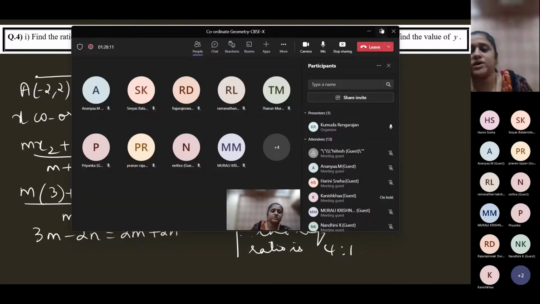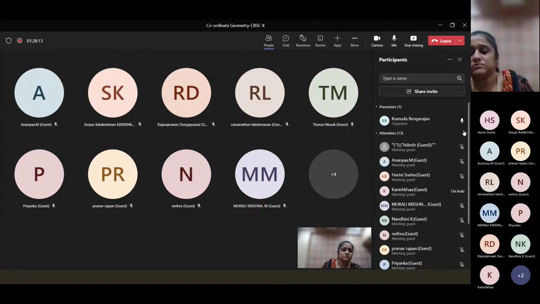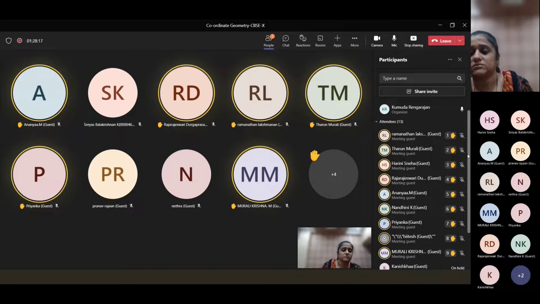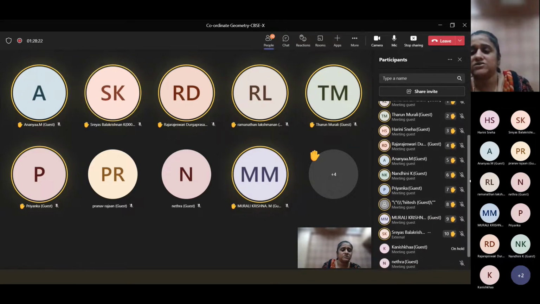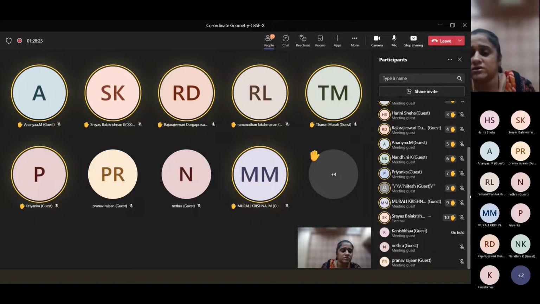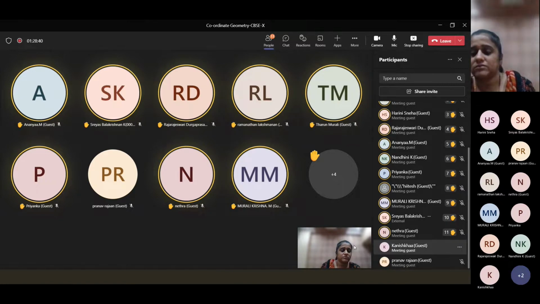Class, use the emoji. Raise your hand. Ramanathan, Tarun Murali, Harini, Sneha, Rajarajeshwari, Ananya, Nandini, Priyanka, Hitesh, Murali, Krishna, Shreyas, Netra. What about Kanishka and Pranav?